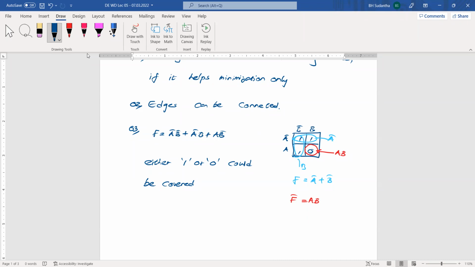But remember that when you cover ones, that is for F. When you cover zeros, that is for F bar. If you think that the F bar solution is the more minimized one, then you can use it. Is that wrong? When you have F bar, it's a matter of sending it through a NOT gate only. Here you have a single gate plus another NOT gate, which is 2 gates. But here you need 3 gates.